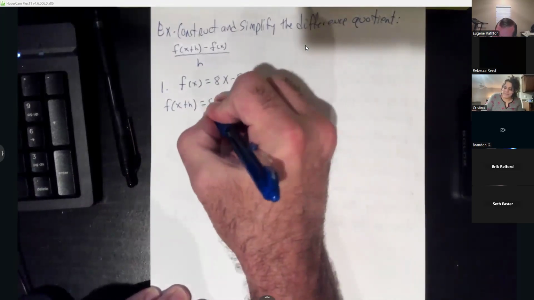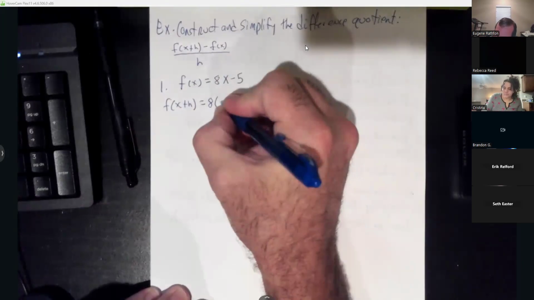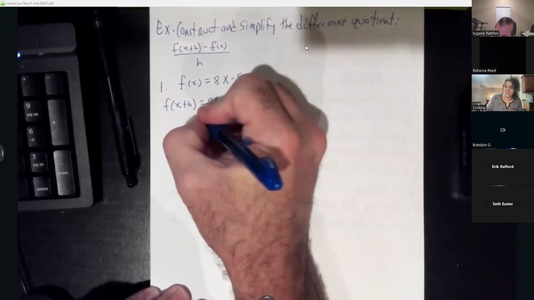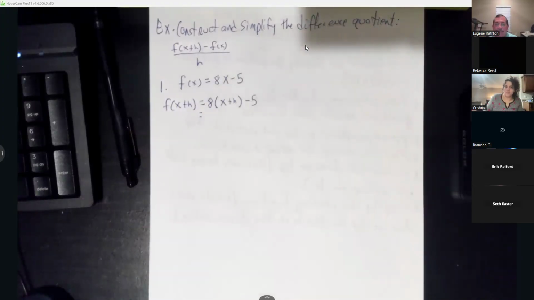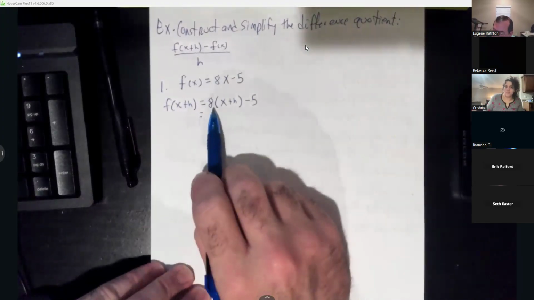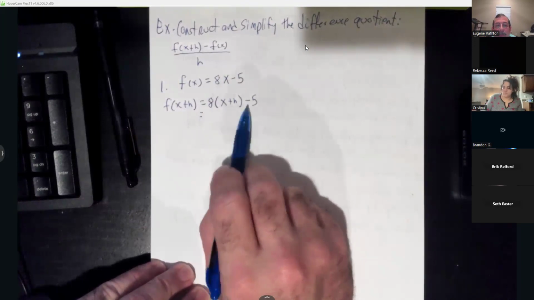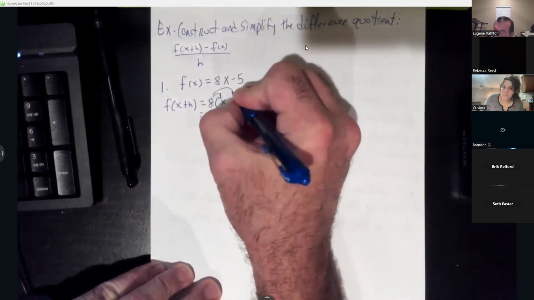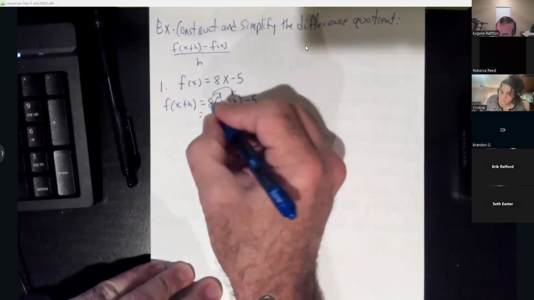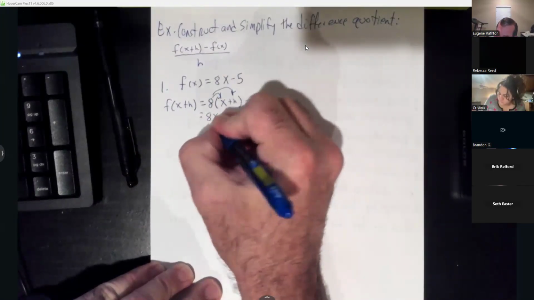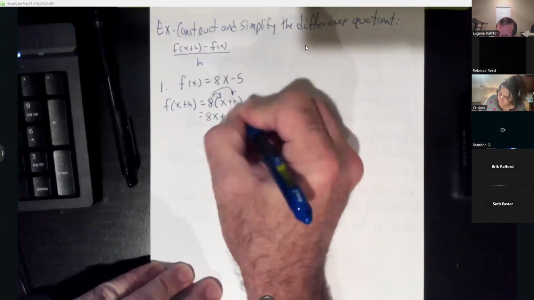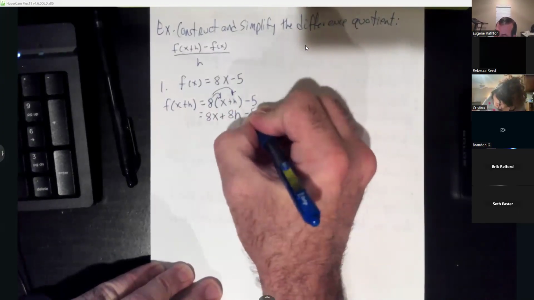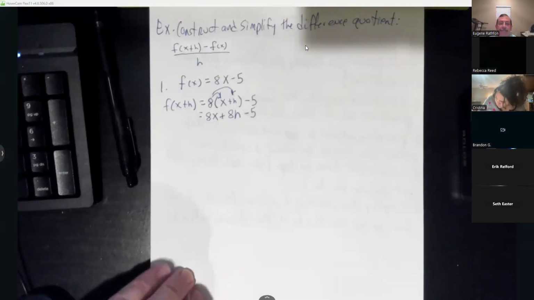So that's going to give me 8 times x plus h minus 5. Now, we're going to get rid of parentheses by distributing our 8 through these parentheses. So 8 times x will give me an 8x plus 8 times h is 8h. And then at the end is my minus 5.